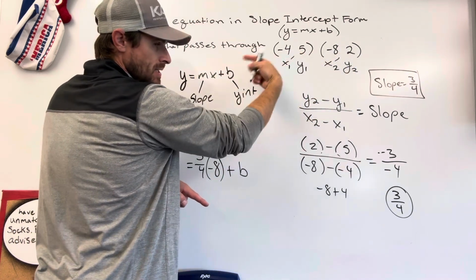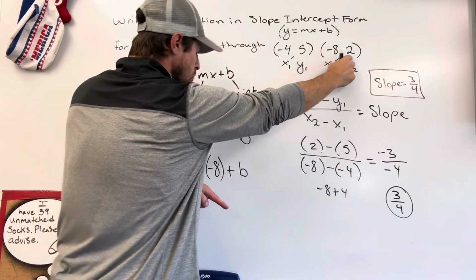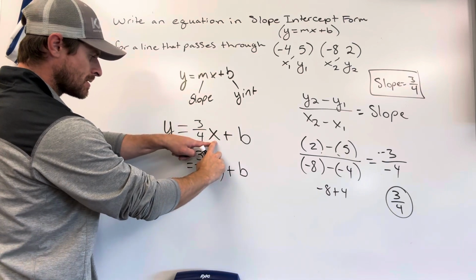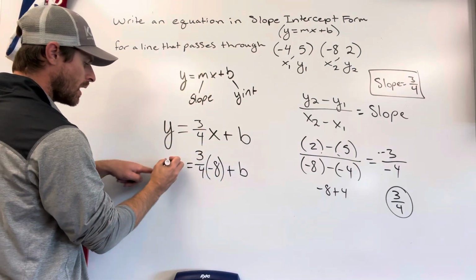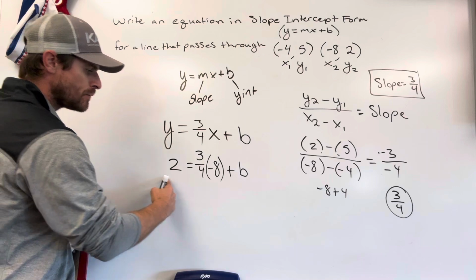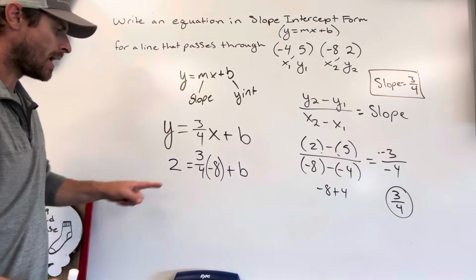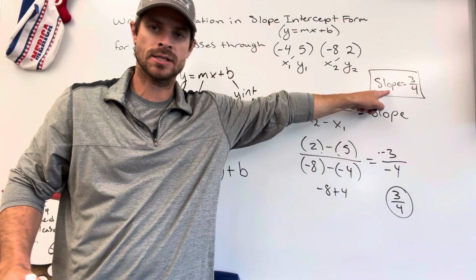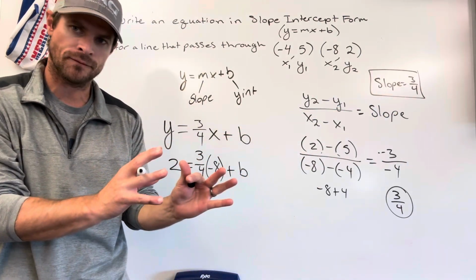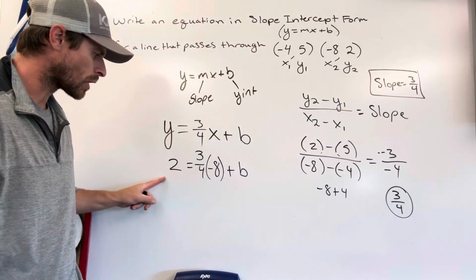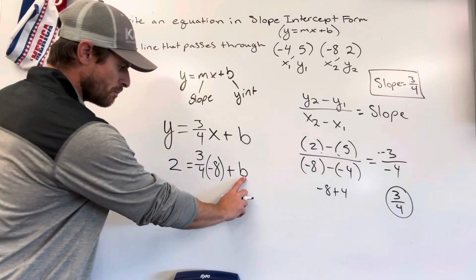Can't take 5, that's a different coordinate. Negative 8, 2, so if I put negative 8 in for the x, I've got to put the 2 in for the y. Now if you look at my new equation, I already know my slope is going to be 3/4. We're going to just save that information. But now I've got to work this out and solve for b.